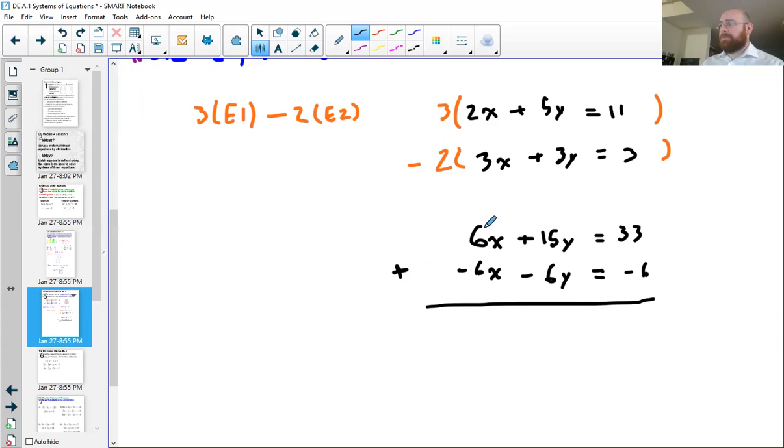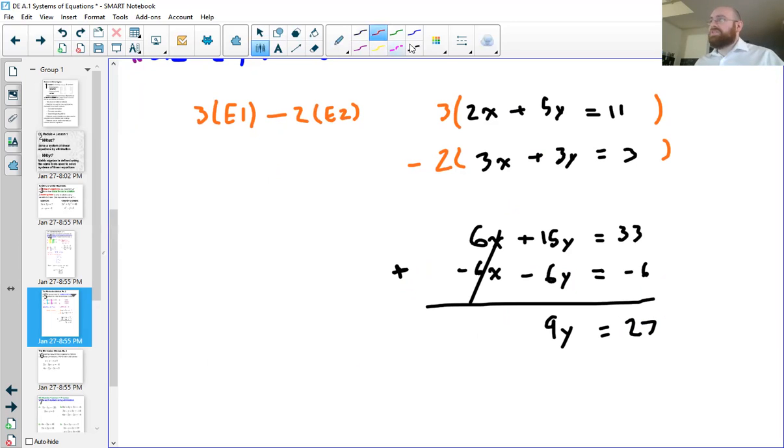So adding up 6x and negative 6x, these terms just cancel out, so I don't need to write anything down here. 15y minus 6y is going to be positive 9y. And then 33 minus 6 is going to be 27.